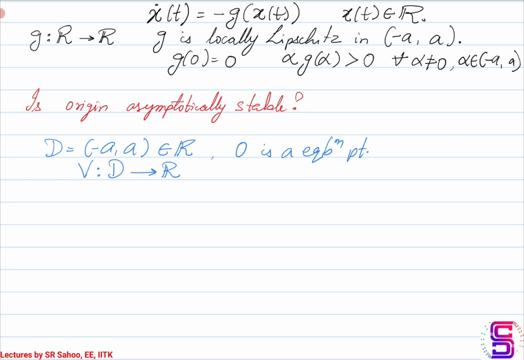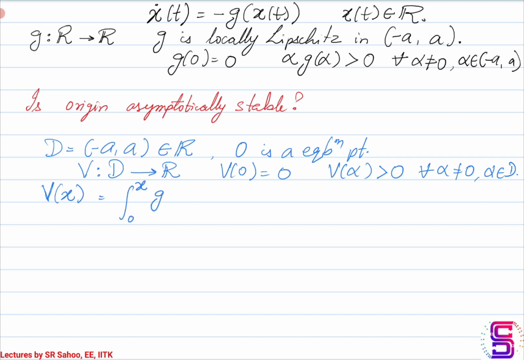Now we have to find a Lyapunov function that maps from D to R, and it will have the property that it is 0 at 0 and is greater than 0 for alpha not equal to 0 and alpha in the domain D. So one such Lyapunov function that you can think of is V of x equal to the integral from 0 to x of g of y dy.